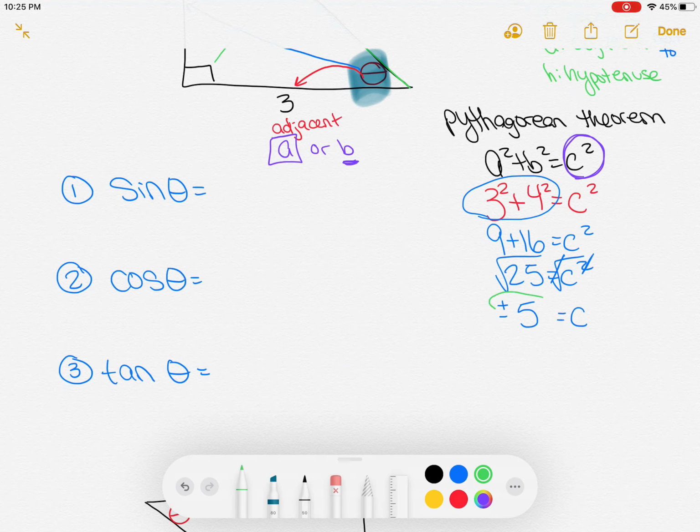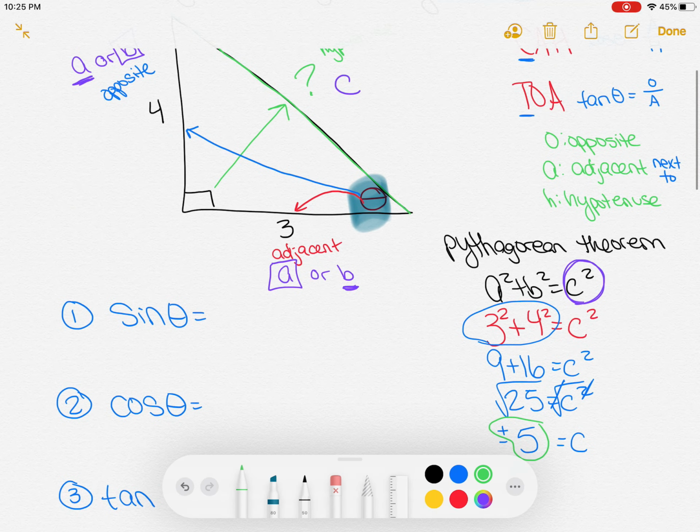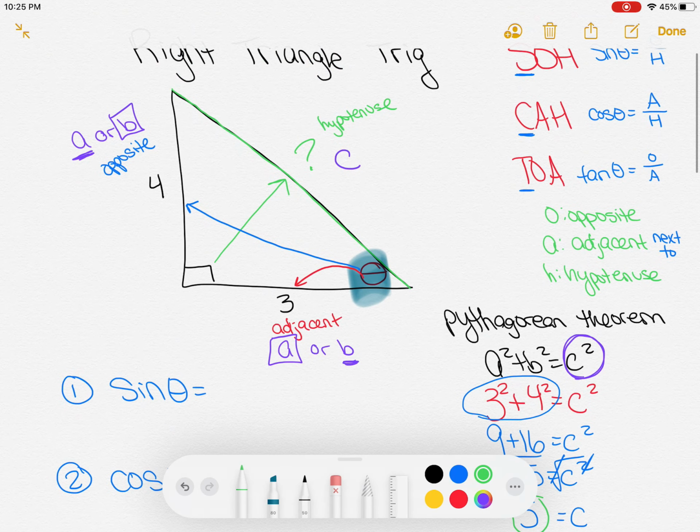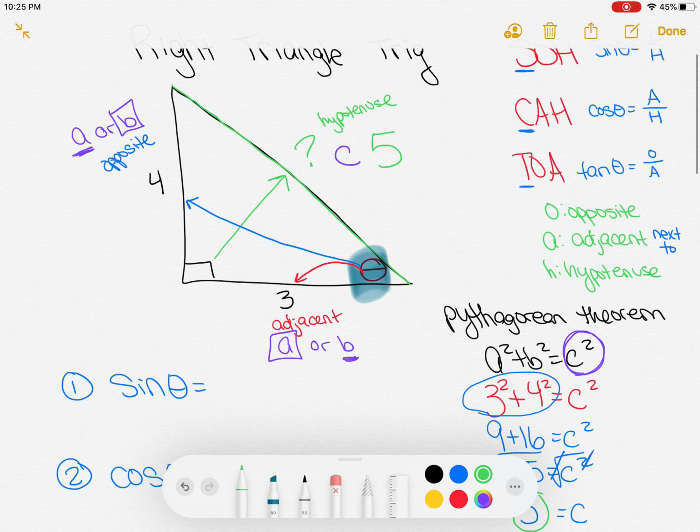Because we're working with shapes, the square root of 25 is actually only going to be positive 5 because we're talking about the side length of a triangle. You can't have negative 5 units, whatever this is, inches, feet, who cares? It's not going to be negative 5. So my hypotenuse is going to be 5. And now I know all three sides of my triangle.